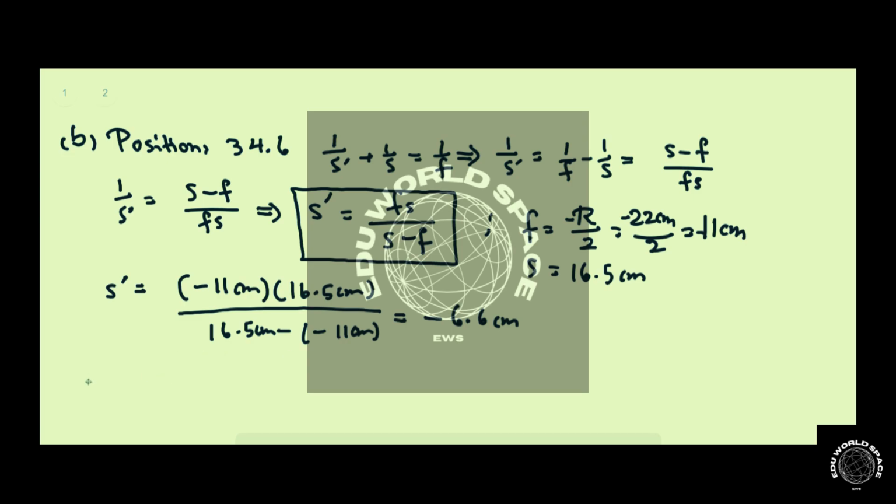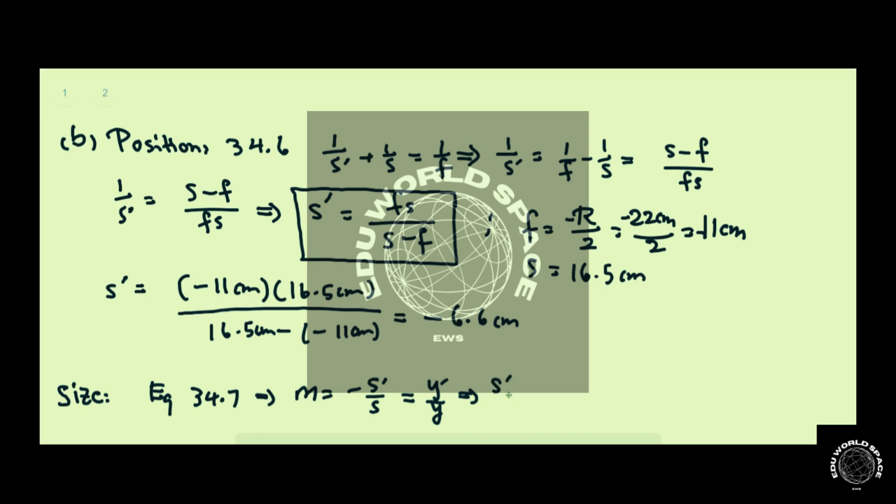And now to determine the size, we'll use equation 34.7. From 34.7, that tells us the magnification is minus s prime over s, but it also says that m is also equal to y prime over y.